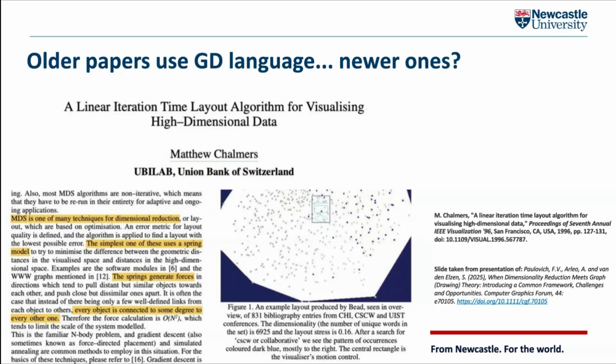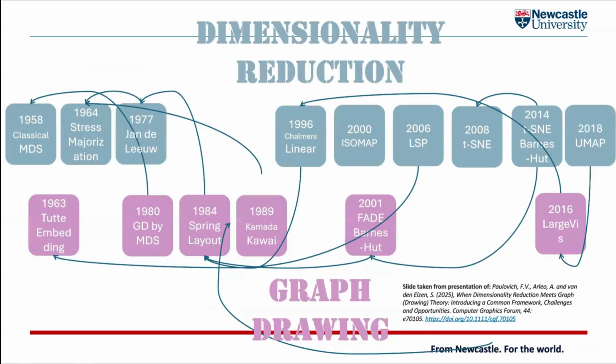But I think what happened is at the beginning, these algorithms sort of developed together, and then as fields drift apart, they start using different language and stop talking to each other. And this was one of the main points that they were making in the Euroviz paper this year.